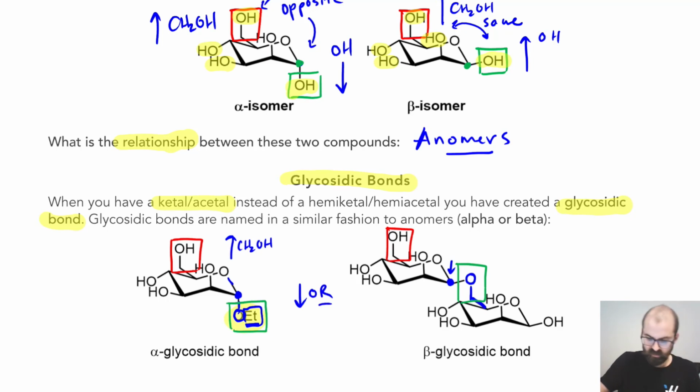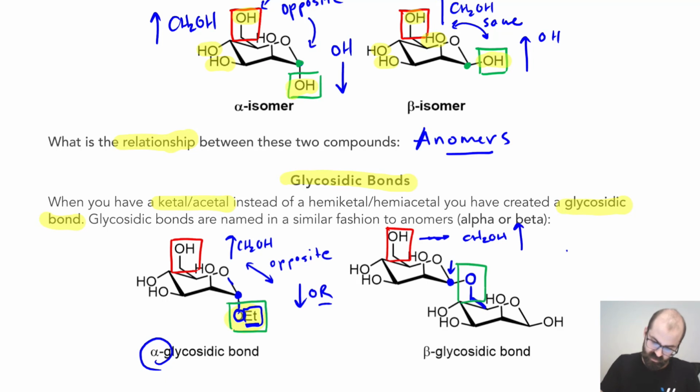My OR, R just being some group, is down. They're opposite. So we would say this is an alpha glycosidic bond. Again, that OH or OR group is alpha to the CH2OH. In the second case, we have CH2OH up. The OR group is up. That's the same. So we call that a beta glycosidic bond.